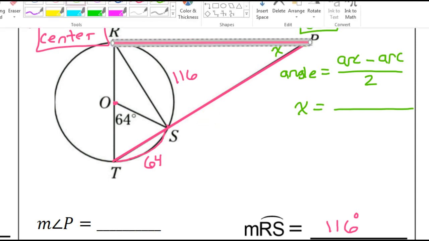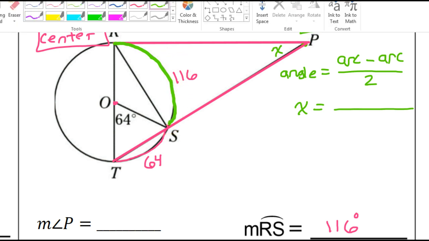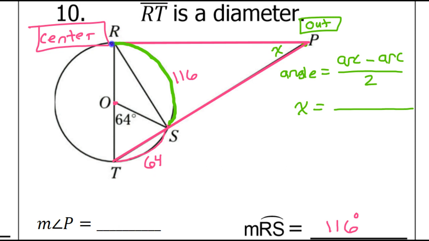Now look at these intercepted arcs. So I have one arc right here. That's the 116. But I have another arc right here. These are the two intercepted arcs.